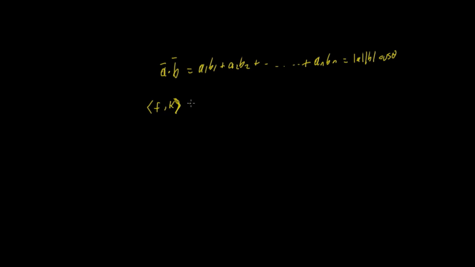Then the summation would be replaced by an integral, so we'll just go from a point A to a point B of a function of time, f of t times k of t dt. That there is our inner product.